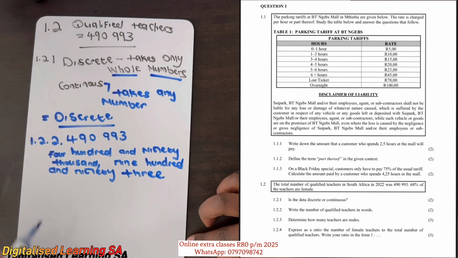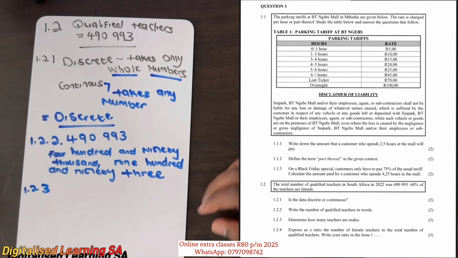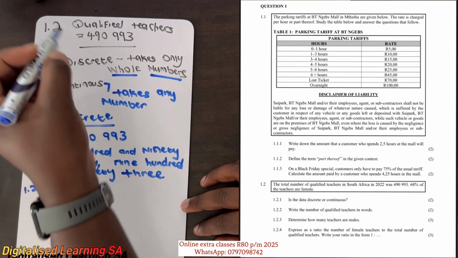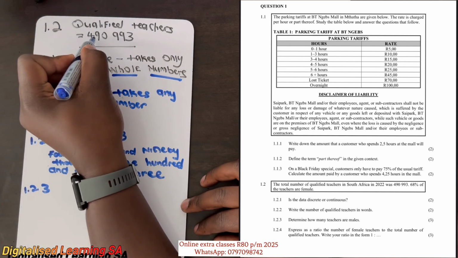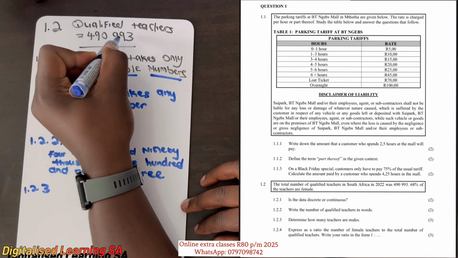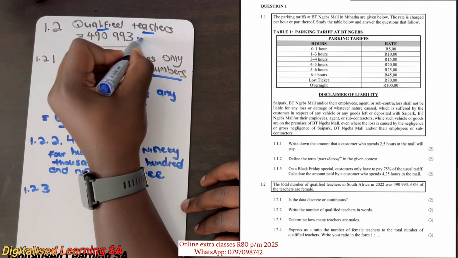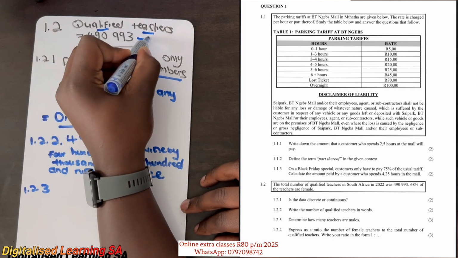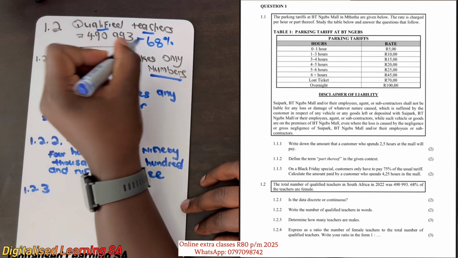So let's go ahead and answer question 1.2.3. So question 1.2.3 says that determine how many teachers are male. Okay, so we know that if we go back to our question or to our statement, we are told that 490,993 is the number of qualified teachers, and on this amount 68% are female.